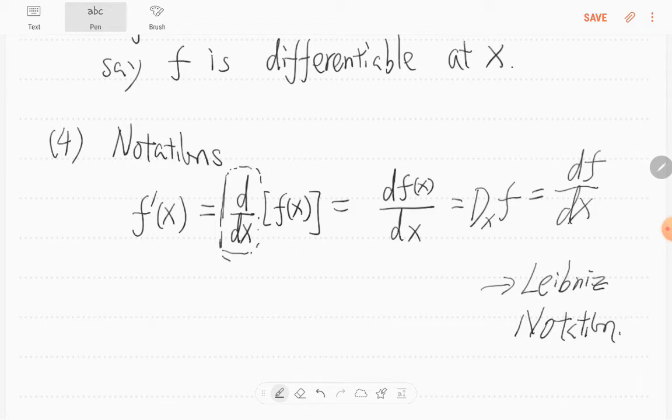Why we write it as the Leibniz notation, you will see later. It's very convenient for further calculation.